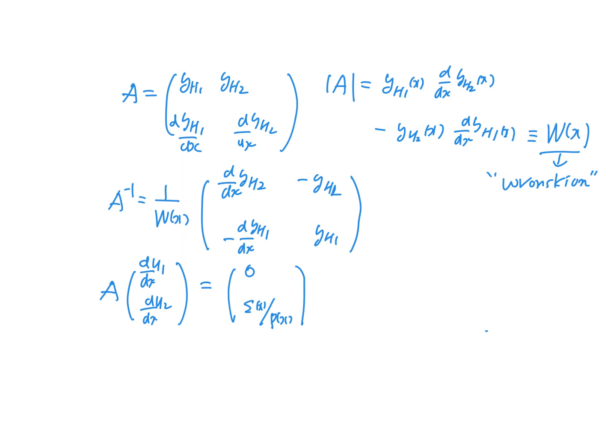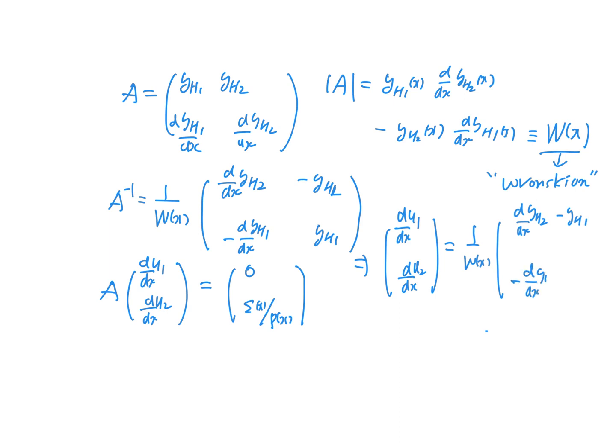Compare with that, dx du1, dx du2 is nothing but the Wronskian inverse times dx dy h2 minus yh1 minus dx dy h1, yh1 times 0, s over p. For convenience, let's put it this way, yh2 prime is, okay, to save time and effort.